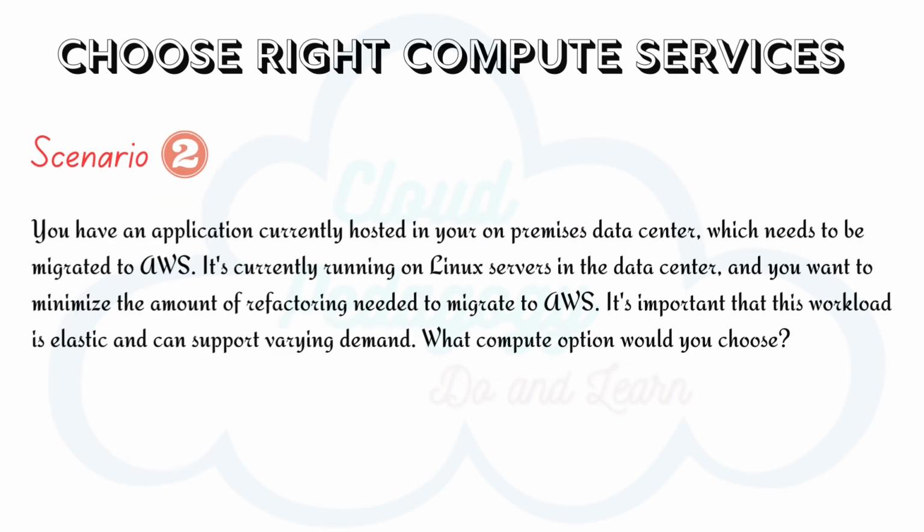Let's say you have an application currently hosted in your on-premises data center, which needs to be migrated to AWS. It's currently running on Linux servers in the data center, and you want to minimize the amount of refactoring needed to migrate to AWS. It's important that this workload is elastic and can support varying demand. What compute option would you choose?